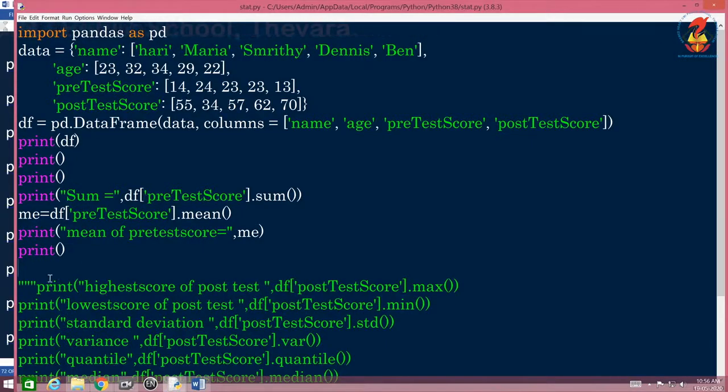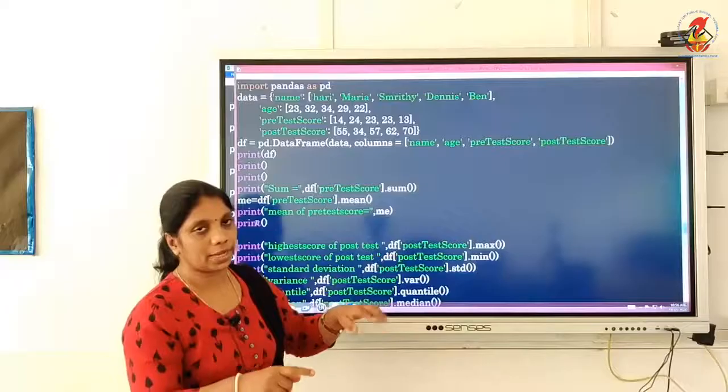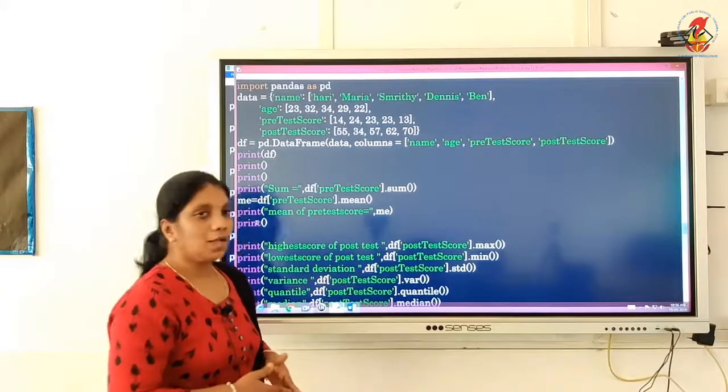Yeah. So now the highest score. See, if you want to get the highest score and the minimum score, I can also use, remember, the column numerical number also. Now I am using the column name only. So keep in mind, if you want you can change your column into a numerical style.